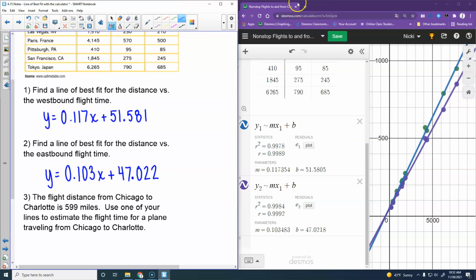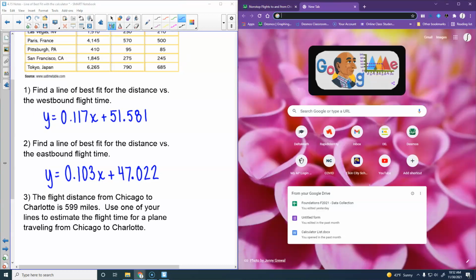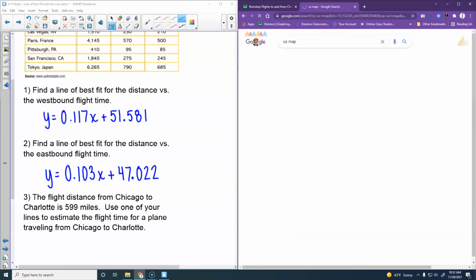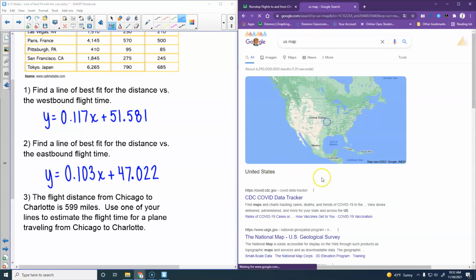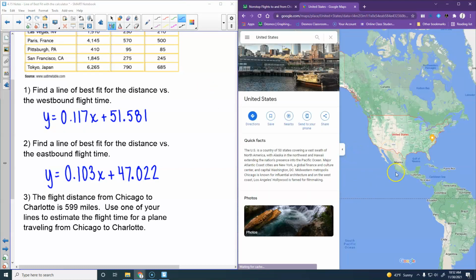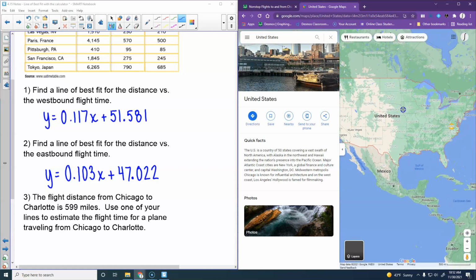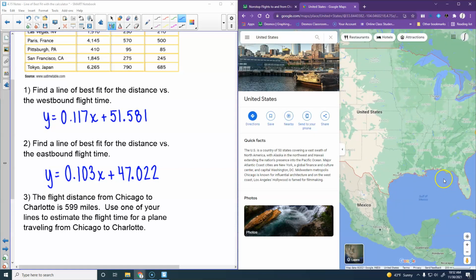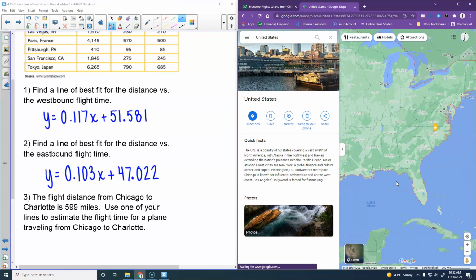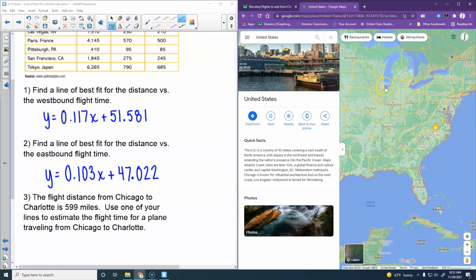Okay, so this is a geography question in a way, right? All right. So, where's Chicago? It's such a big city, it shows up pretty quick. Chicago's in Illinois. It's right here at the bottom of Lake Michigan.